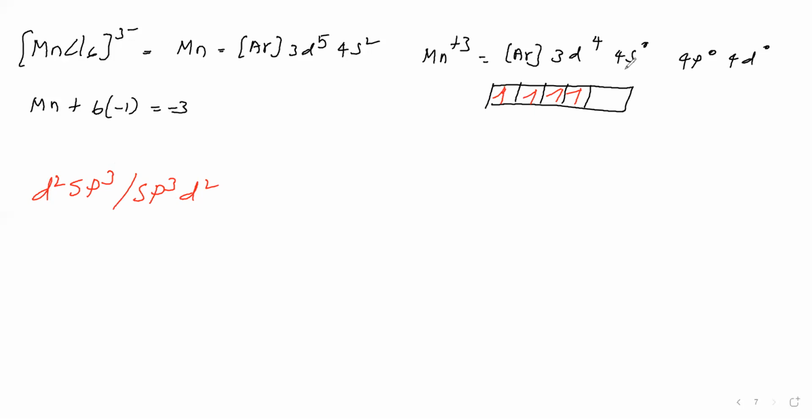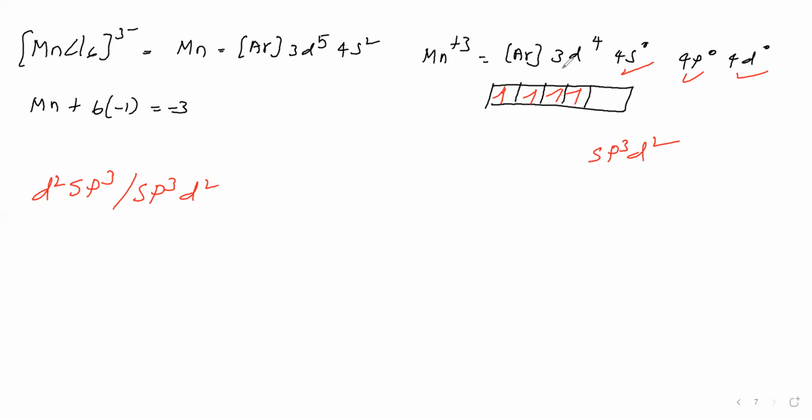Therefore, take 1 4s, 3 4p, 2 4d orbitals for intermixing and get sp3d2 hybrid orbitals. Don't take 1 3d and 1 4d like that. Octahedral means either d2sp3 or sp3d2. Take 2 d orbitals from the inner shell, otherwise take 2 d orbitals from the outer shell.